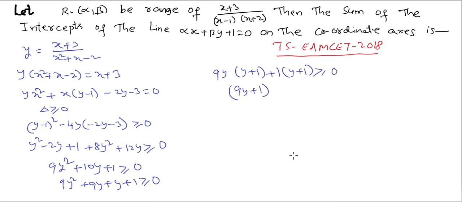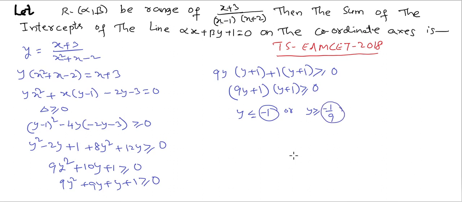That is 9y² + 9y + y + 1, which gives (9y + 1)(y + 1) greater than or equal to 0. This is y less than or equal to -1 or y greater than or equal to -1/9. Here alpha is -1 and beta is -1/9.